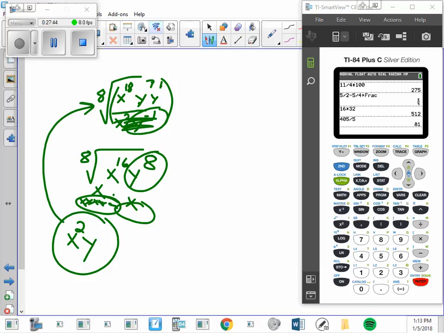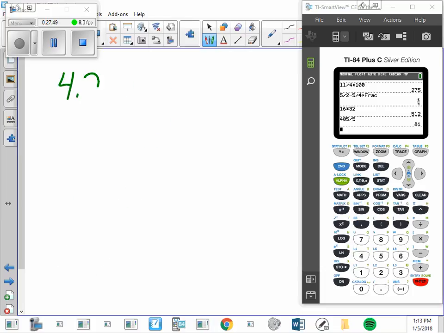Okay, so there's some of these I don't want you to do. 4.2, let's do 3 through 15 odd. And then 21. And then 37 through 69 odd.